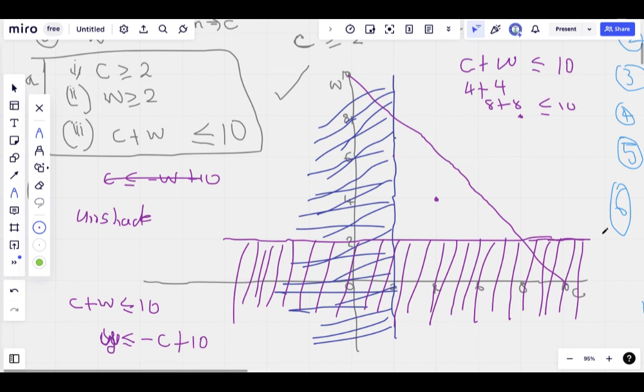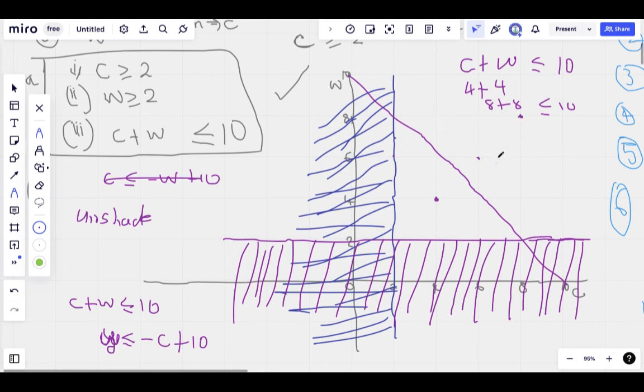So this way cannot be the correct region. Even if I choose a point closer to the line, this side will still not be the correct side. Why? Because the value we will get on this side will be greater than 10. And it shows that this is not the correct region.